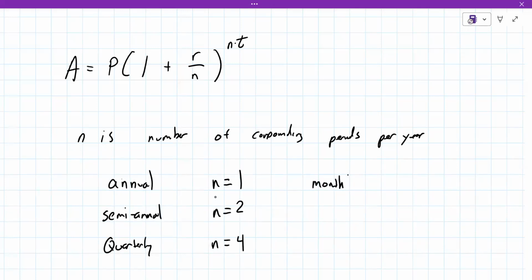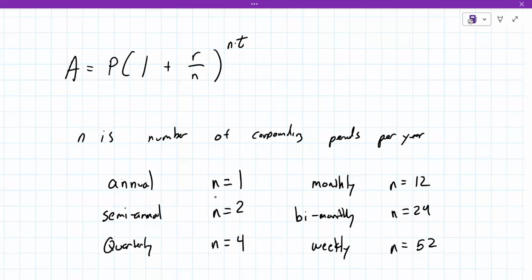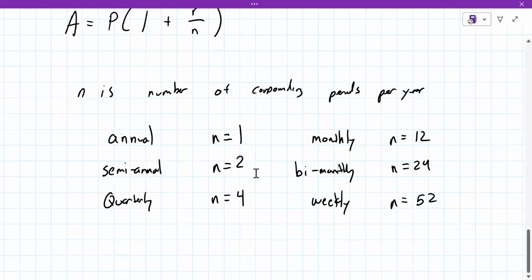Monthly is n equals 12. You see bi-monthly on occasion. That's n equals 24. That one's pretty rare, but might as well throw it in the list. Weekly, n equals 52. And then occasionally you see the daily one, which is n equals 365.